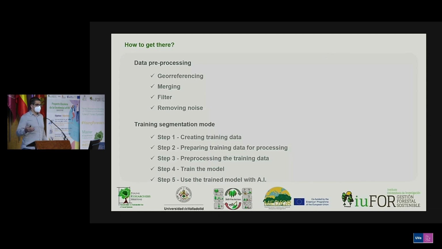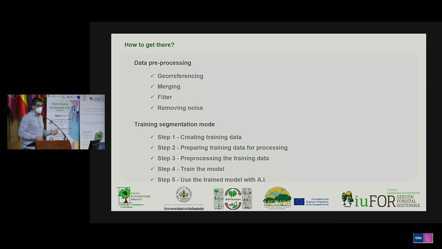So how do we segment these points into parts, like the branch, the stem, the volume, the diameter? We have to train a model.